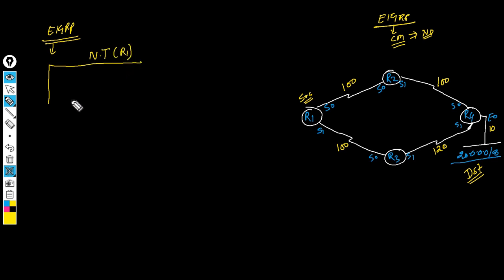What kind of entry will be there? It will say, I have two different neighbors, R2 and R3, and R2 is connected with which interface to me? This is my serial 0 and this is my serial 1, correct? This is basically your neighbor table, maintained in router 1. Similarly, router 2, router 3 and all other routers will maintain the neighbor table.